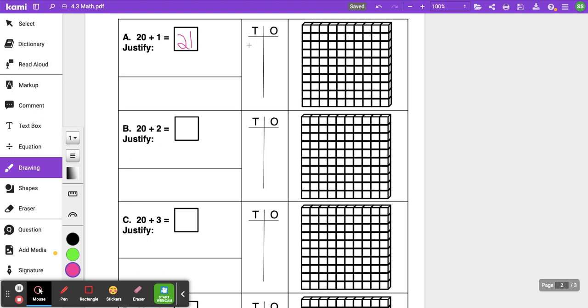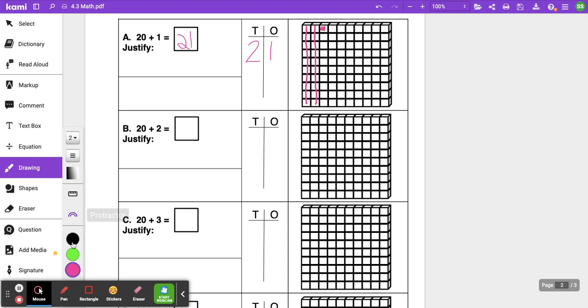And now we're going to justify it doing these 3 other ways. We're going to justify it because here we're going to have 2 tens and 1 one. And I can draw that by putting in here, let's see if I can get a bigger line, that I have 2 tens. This is going to be my 20 and 1.